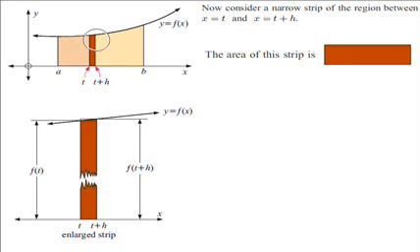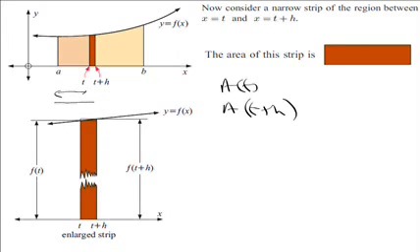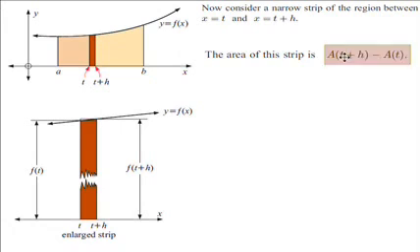First we calculate area A(t), once again that is between a and t, and then the area between a and t plus h would be area A(t plus h). Subtracting those two areas from each other would leave us with that narrow strip. So our expression for the area of the strip is A(t plus h) minus A(t).